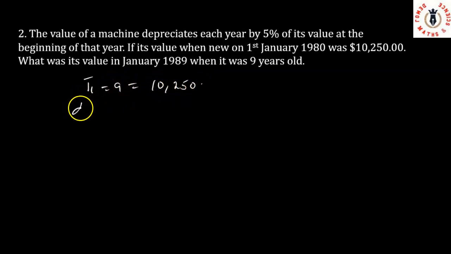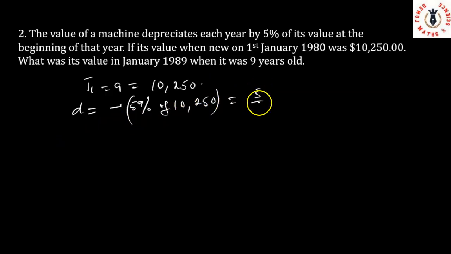That implies that my d is equal to the negative of 5% of 10,250. Now, first, what is 5% of 10,250?